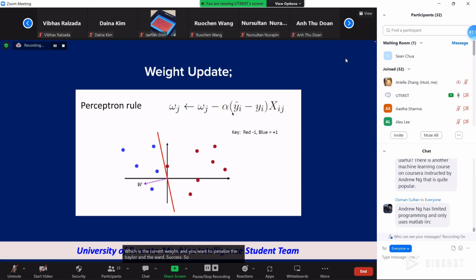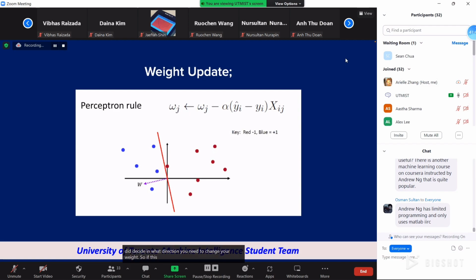The y_i hat here is your prediction, the outcome from your algorithm, and the y_i on the right side is the true label. They compare those two by subtracting, to see whether it's overestimating or underestimating, and that's how you decide in what direction you need to change your weight.